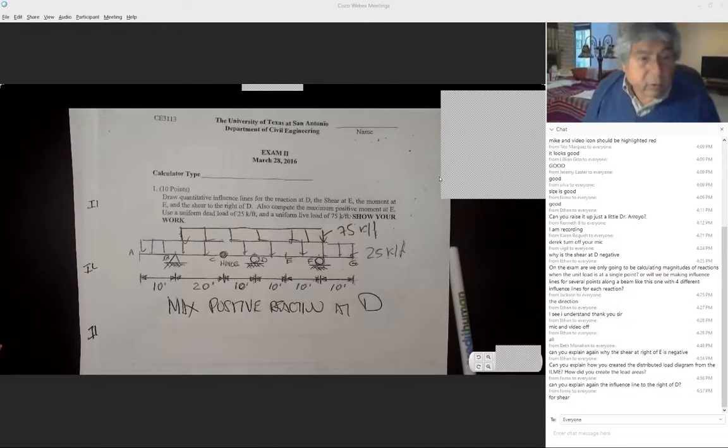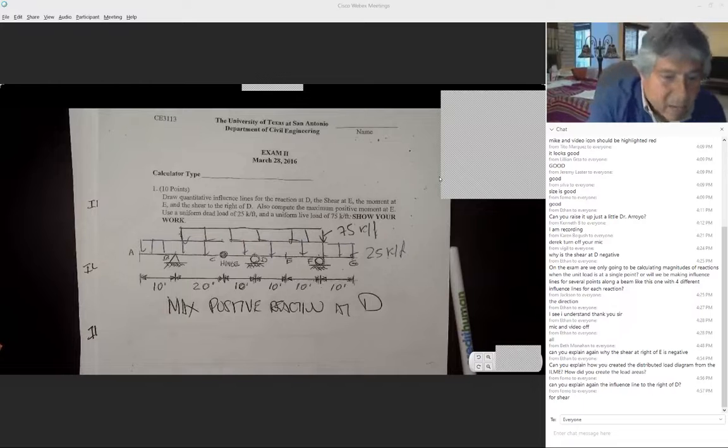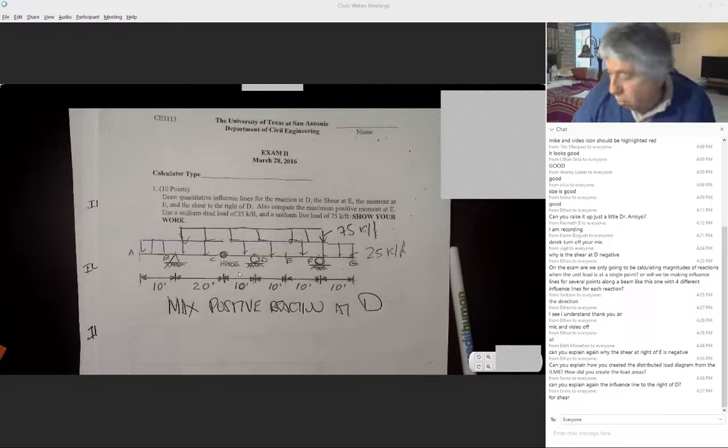So this is the loading case that will give me the maximum positive reaction at D. Dead load all over, and only on the positive portion of the diagram I put the live load.